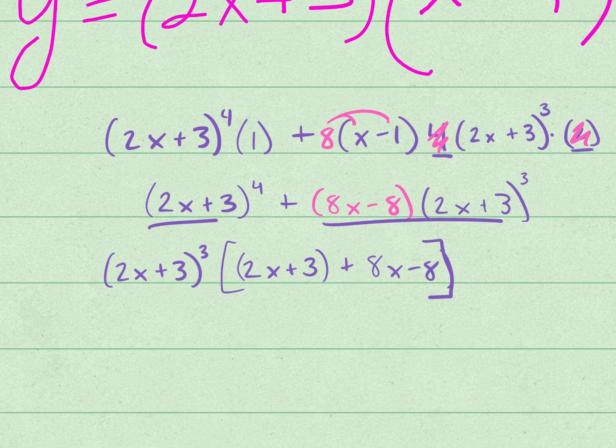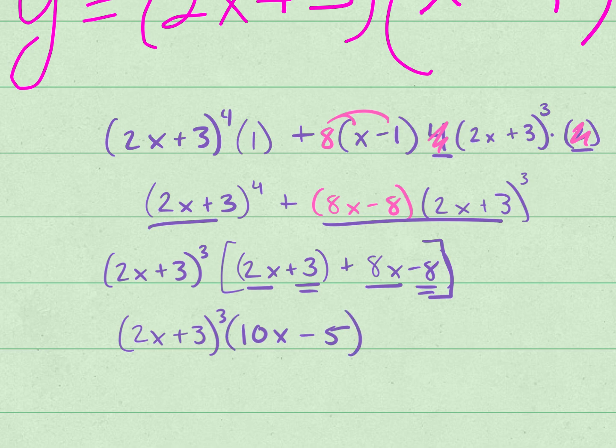Inside of our brackets here, we are just adding and subtracting everything. So we can just combine our like terms. So 2x plus 8x would be 10x, and 3 minus 8 would be negative 5. So 2x plus 3 to the 3rd power times 10x minus 5.